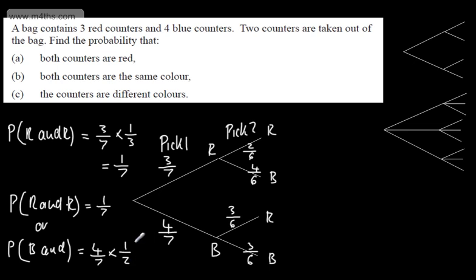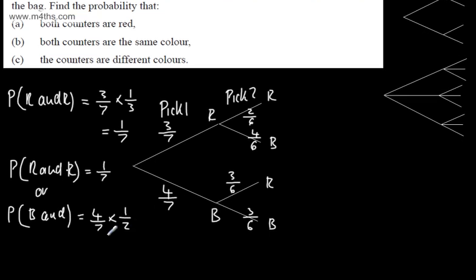And that is going to give me now 2 over 7. So let's just check that. 4 over 14 is going to give me 2 over 7. So I've got 1 over 7, I need to add to that 2 over 7, which is going to give me 3 over 7.